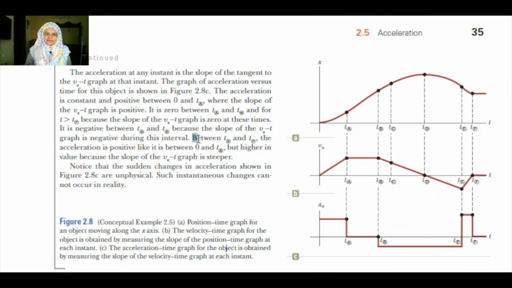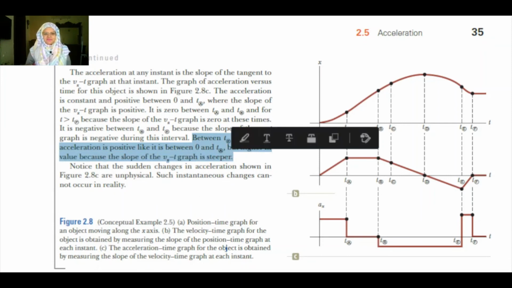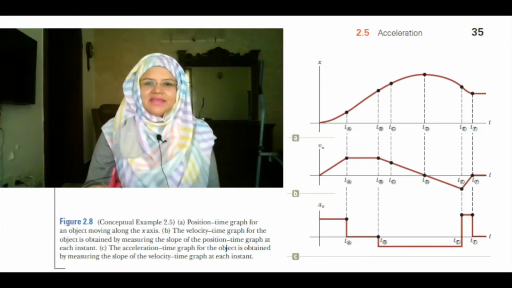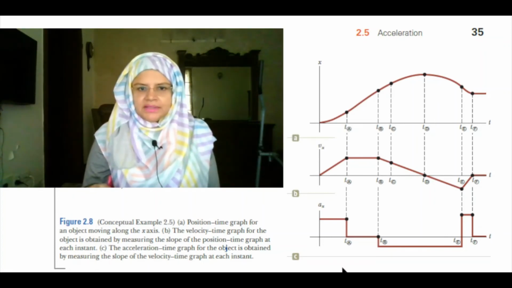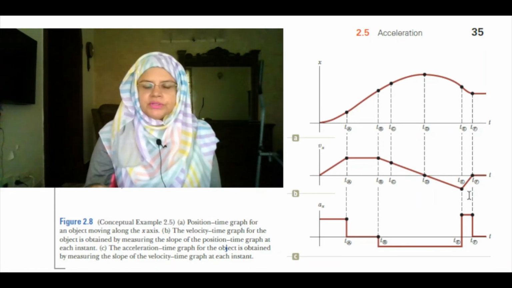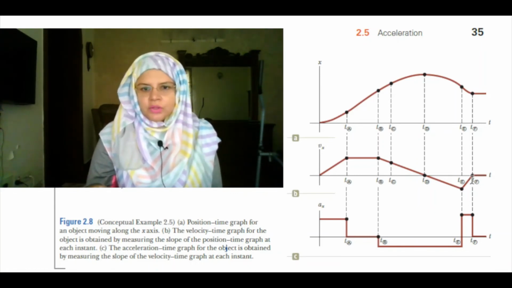Between te and tf, the acceleration is positive like it is between 0 and ta, but higher in value because the slope of the vxt graph is steeper. If we look at figure 2.8b, the velocity time graph, we notice that between the points te and tf, the slope is positive and constant.